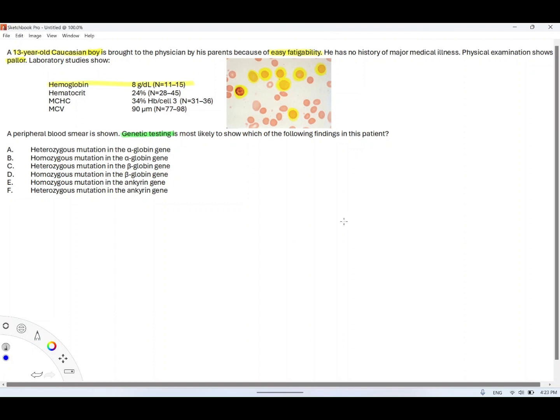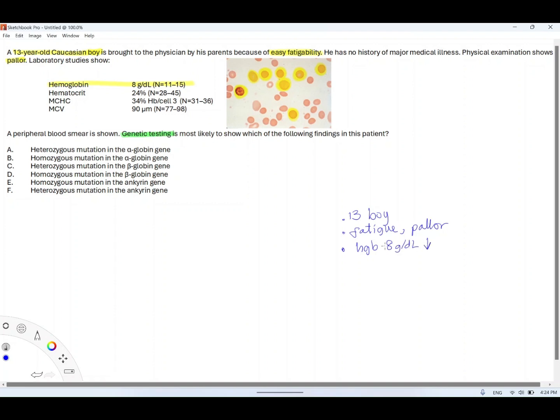Let's see what we have. We have a 13-year-old boy. That's one thing. In terms of symptoms, we have fatigue and we have pallor or pale skin. In terms of labs, we have hemoglobin that is 8, which is very low, 8 grams per deciliter.